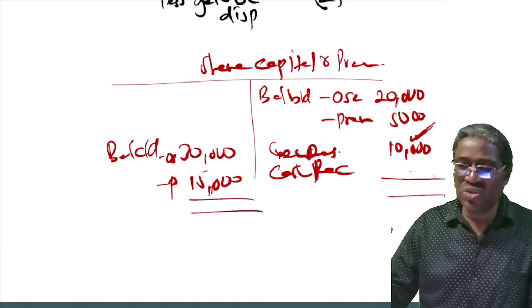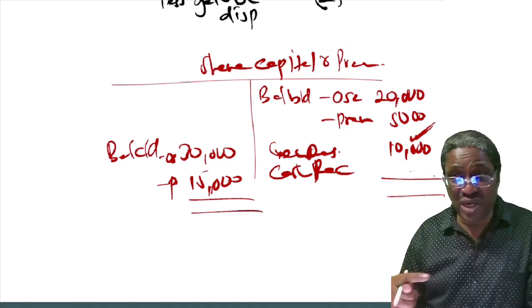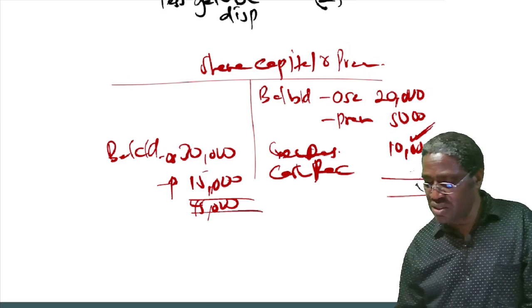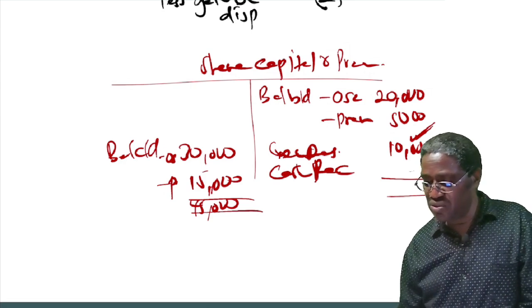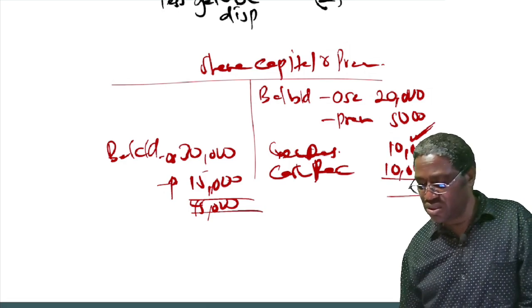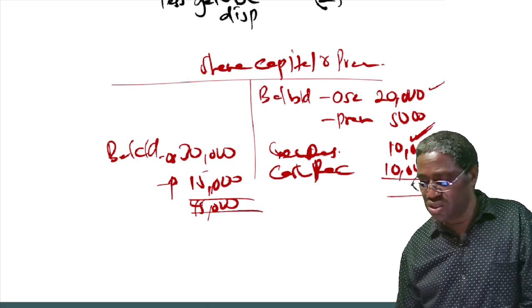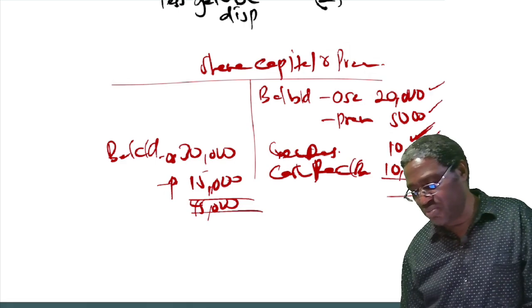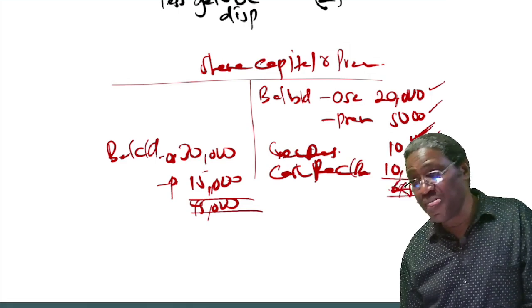This side is 45, this side is 35, so there was another 10,000 cash. Is that 10,000? Yes, because this is 20, 25, 35. Good. So there must have been another 10,000 by cash, giving you 45.